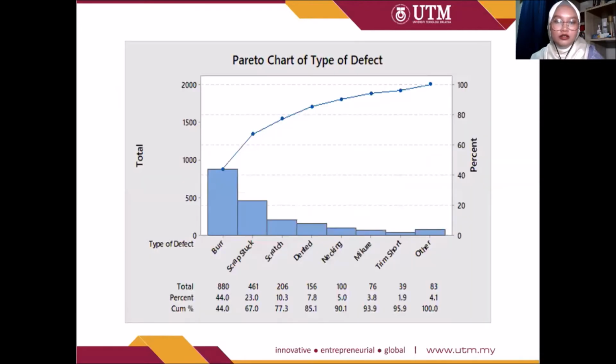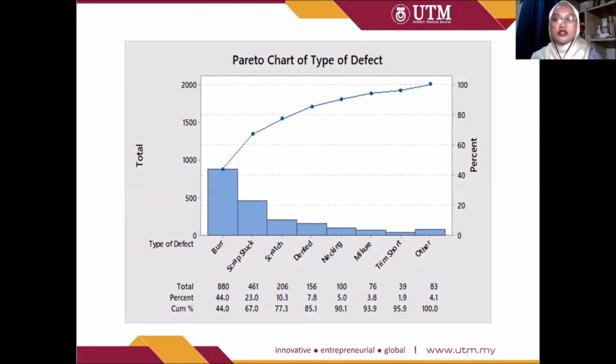The burr is the highest defect in the company, the second is scrap start, and lastly is scrap.